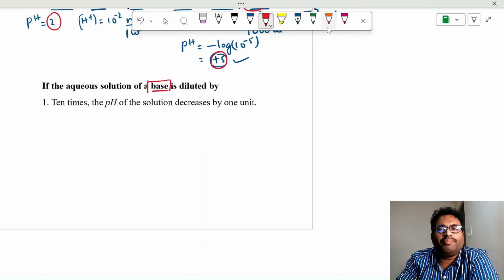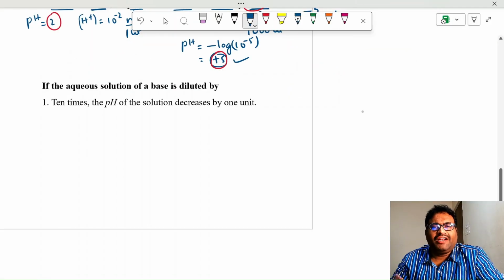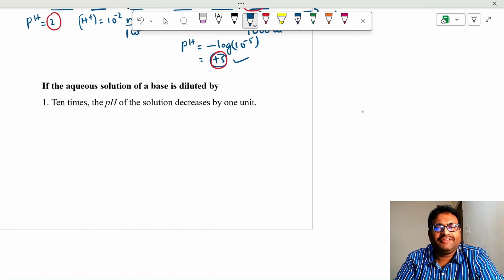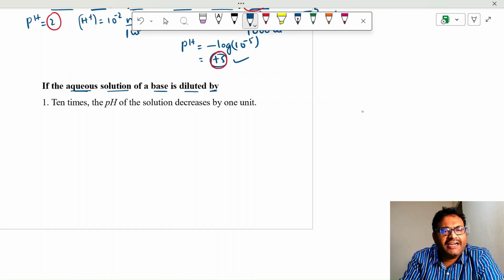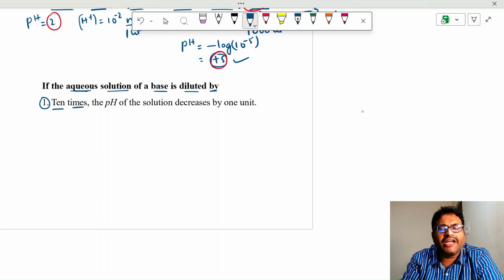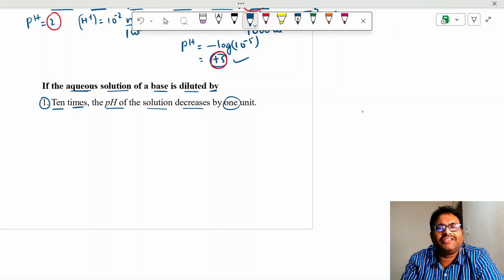So now you are asked about a base. Let us see in the case of a base how the pH changes on diluting the base. If the aqueous solution of a base is diluted by 10 times, then the pH of the solution decreases by 1 unit.